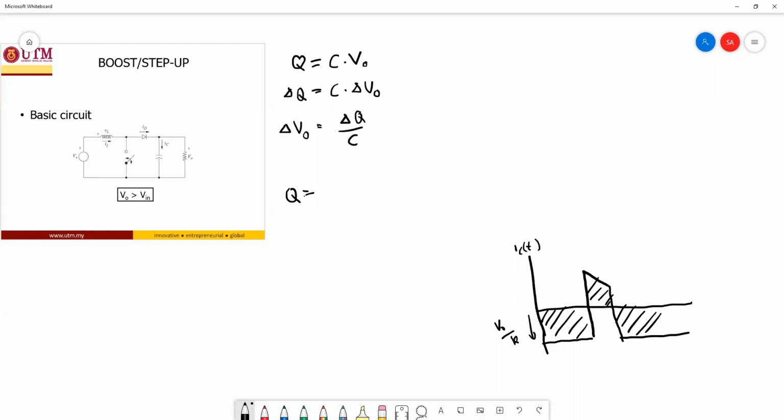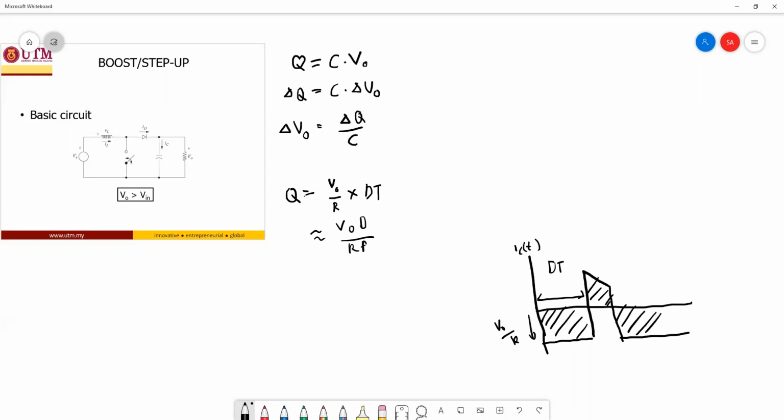The height is V out over R multiplied by the width. The width is D T, because this is during T on, or we can also write V out D over R f.